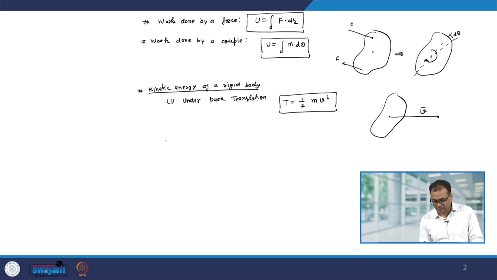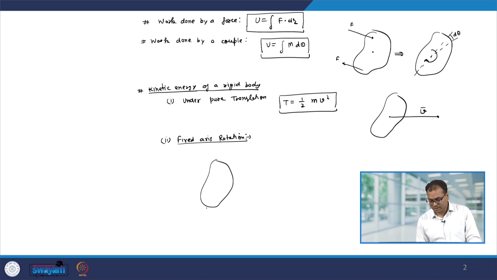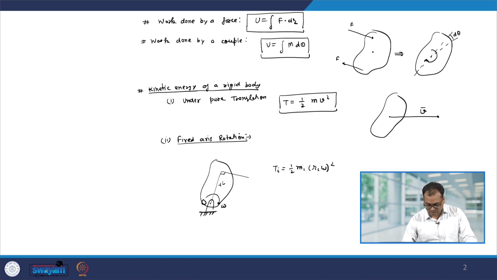Now, if the body is making a fixed axis rotation, okay, so we have this rigid body and let us say this rigid body is rotating about point O with an angular velocity omega, then the kinetic energy of the ith particle will be Ti equal to half mi ri omega square, wherein this distance is ri, mass is mi, and its velocity vi will be ri into omega.